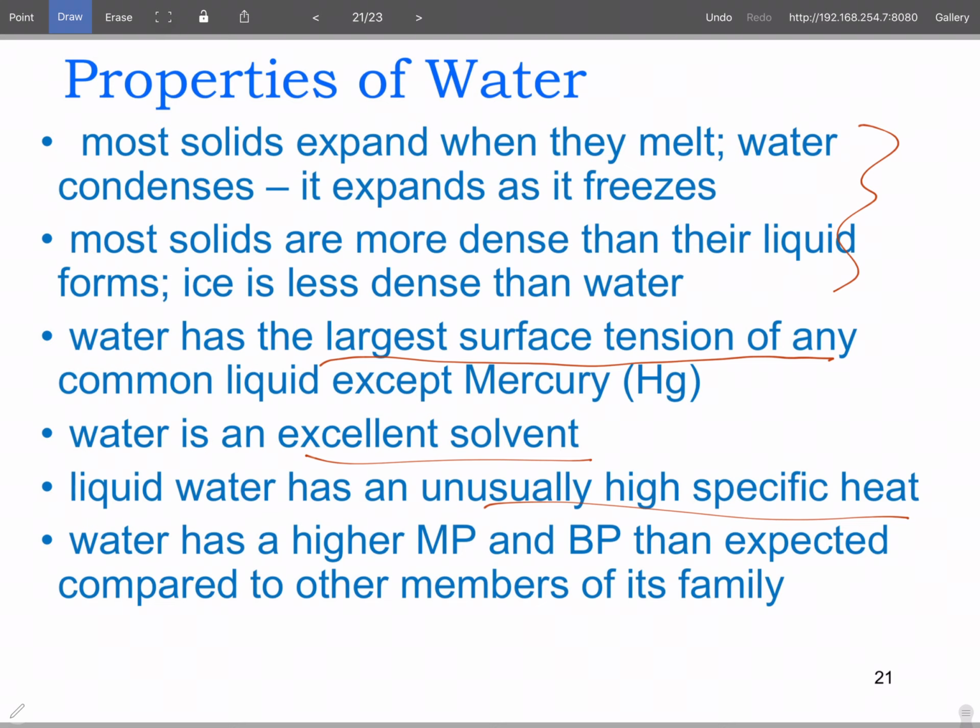And compared to other species or members of its family, the melting point and the boiling point are much higher, which again is critical because of the concept of you being a puddle. Okay, so reread these and think about them with respect to the human body.